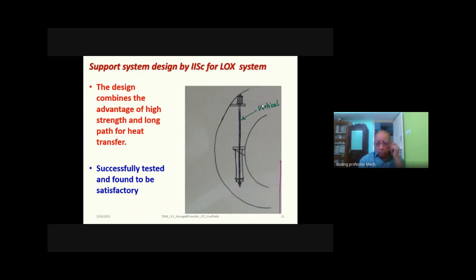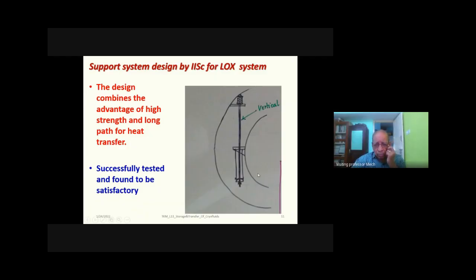Now, there are a number of designs which are available. I think more details are available in Randall Barron's textbooks on cryogenic systems. For a LOX system, a liquid oxygen storage system, under a project with HAL Bangalore, IAC has also designed and fabricated and used a special supports arrangement like this, which is shown here.